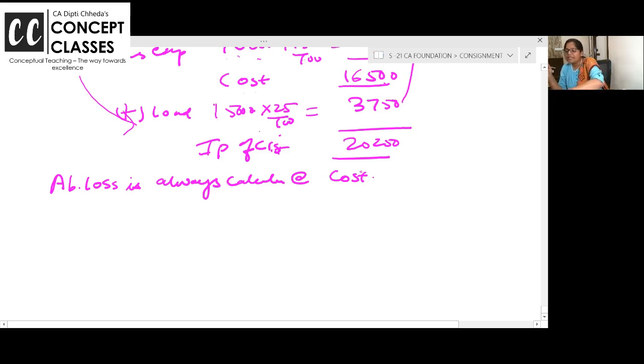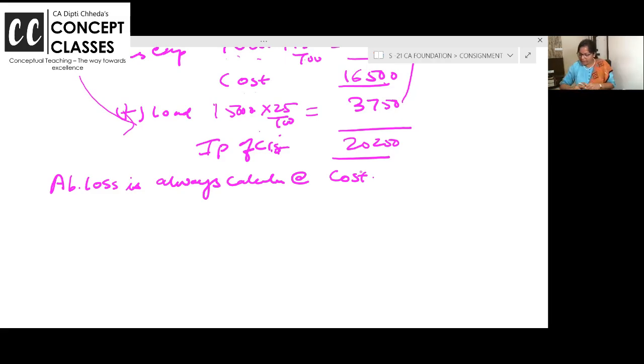Okay, we started a little late, so one more problem we will take and then we will wind up. That is with the trading account. One second. No? Trading account I will do. I'll need one more class for that. Trading account problems I'll do in the next class, dear students.